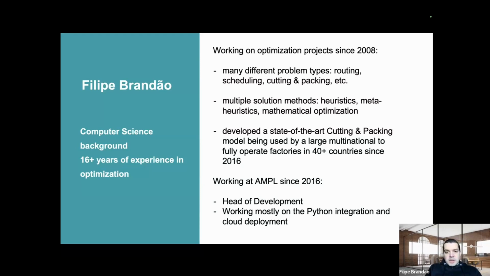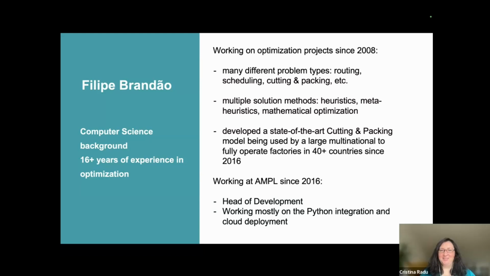In 2016, I joined AMPL even before finishing my PhD, because I was really interested in going to the industry to really see these problems being used in practice. I was not so much interested in theoretical stuff. I became head of development, and at AMPL I work mostly in the integration with Python and cloud deployment.